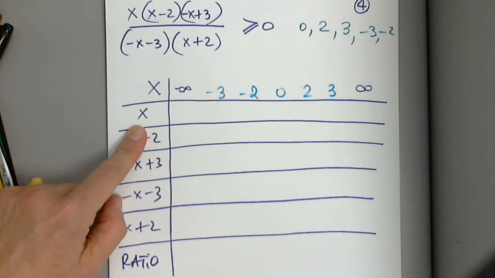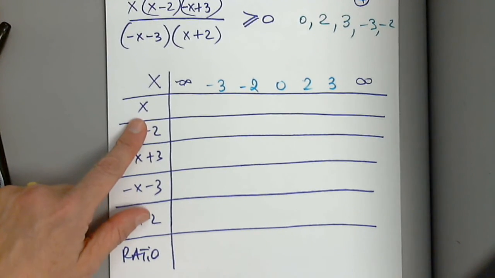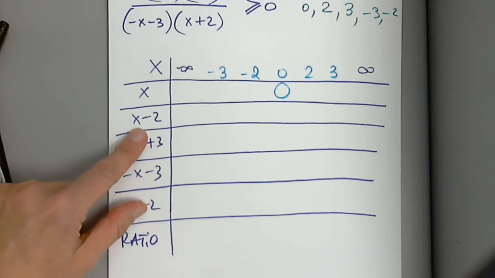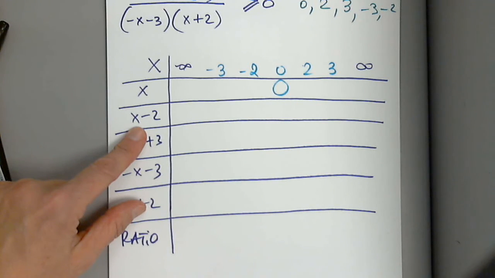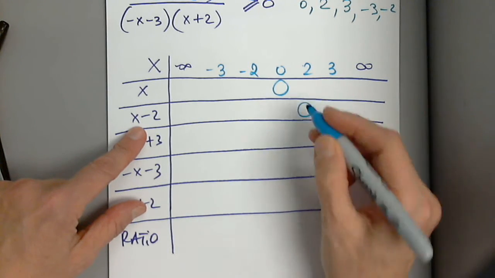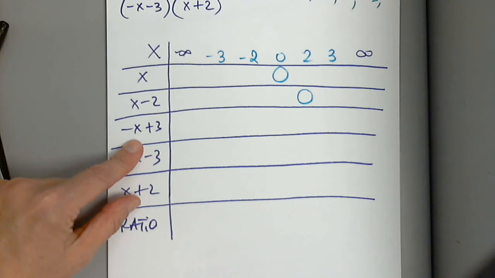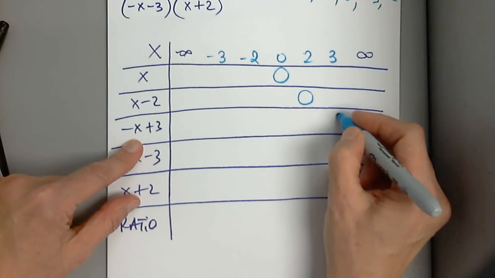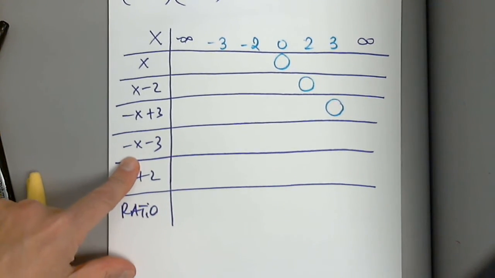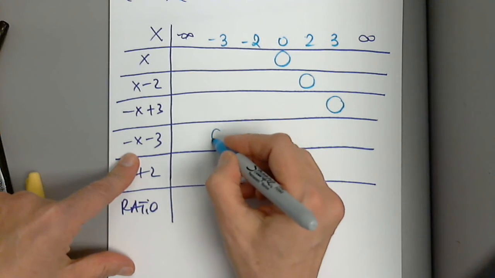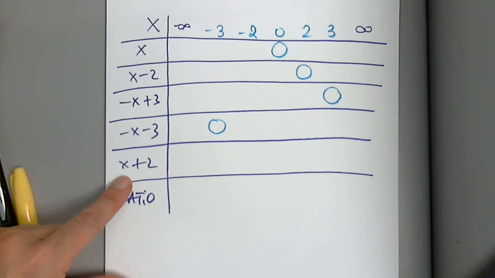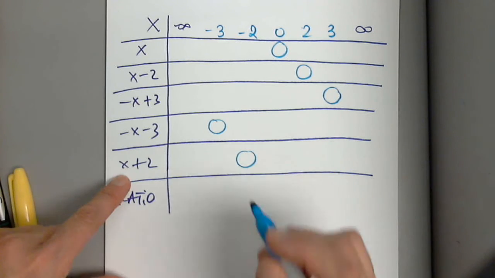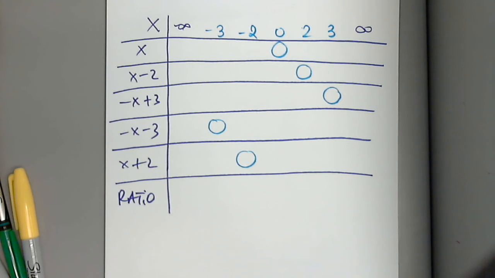Okay, x has a 0 somewhere. X minus 2. Negative x plus 3. Negative x minus 3. And x plus 2. Good. Now you have to be very careful.